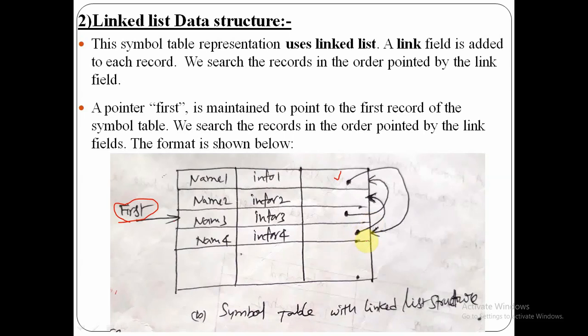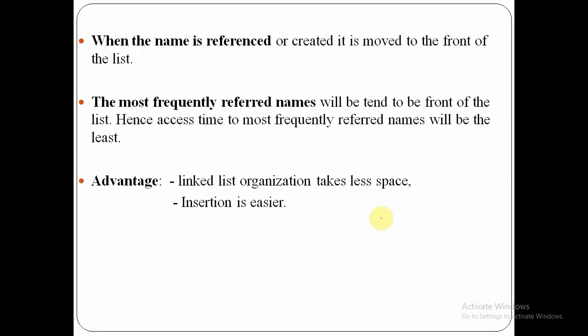From name 4 there is a link to the name 2 node, and so on. Like this, links are there from one node to another node. To search an identifier, you have to go through the links only. When a name is accessed or created, it is moved to the front of the list as part of this data structure implementation.